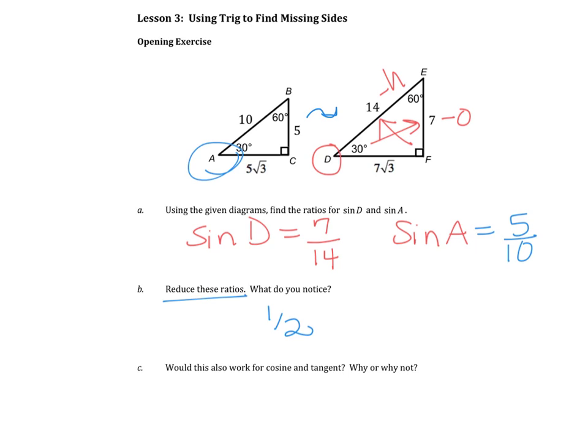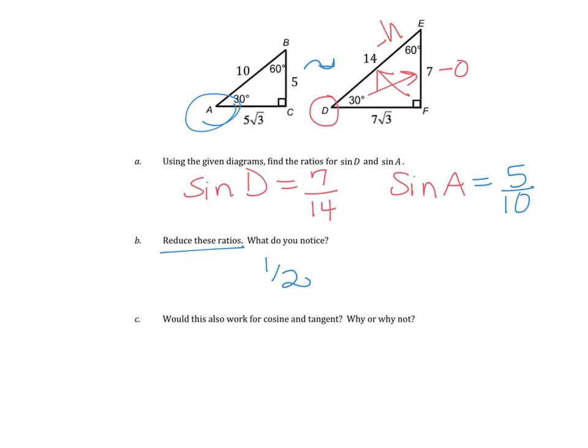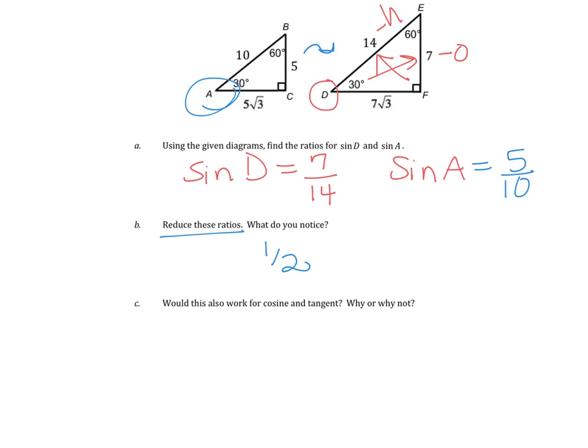In Part C, would this also work for cosine and tangent? Well, let's check and see. Cosine of D is equal to adjacent over the hypotenuse.